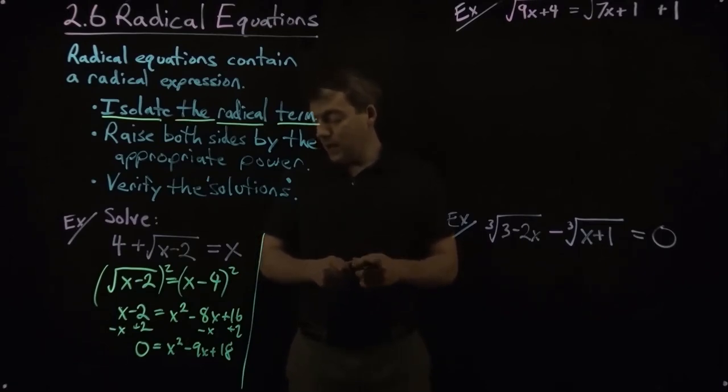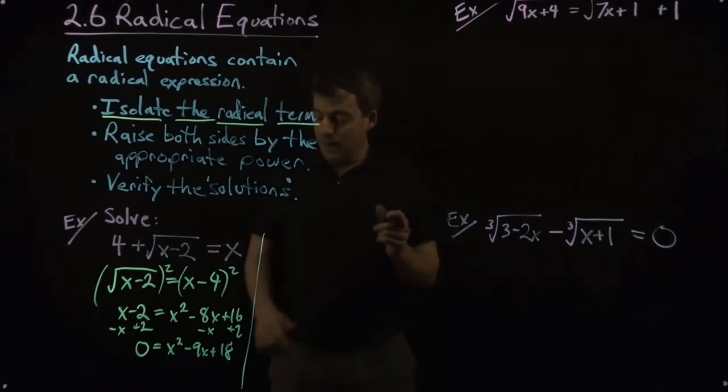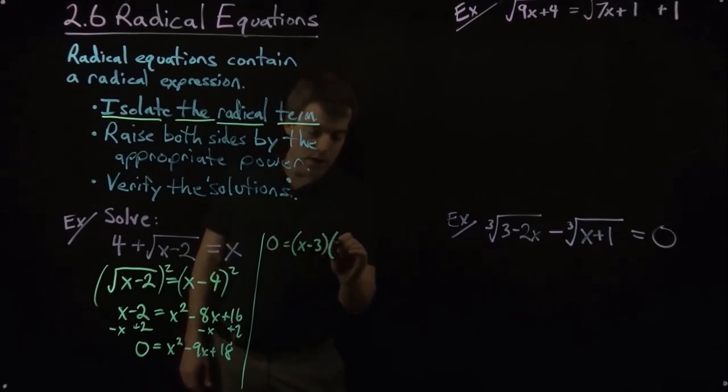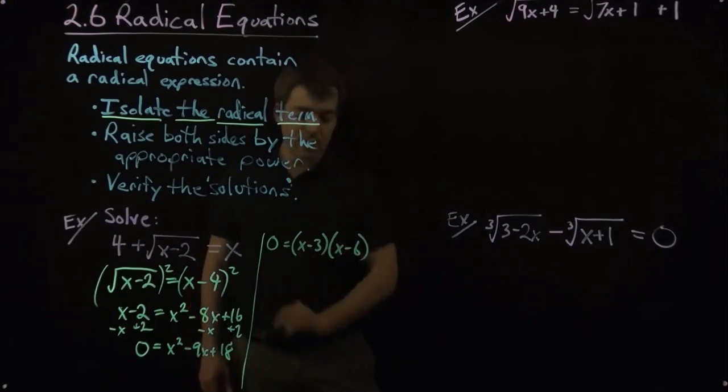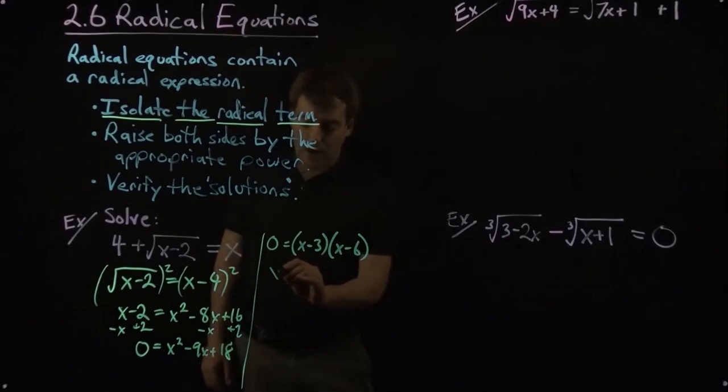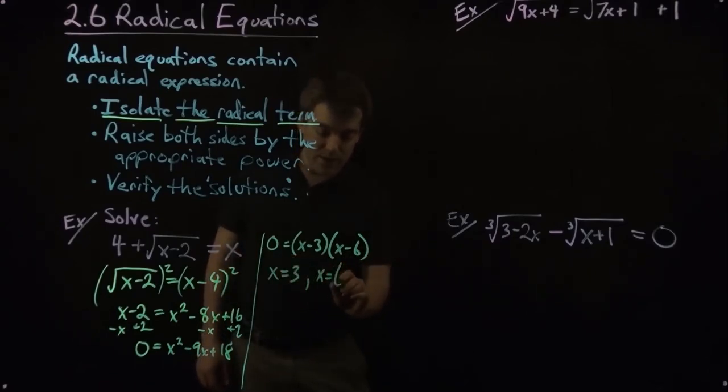So we have negative 2 and negative 9, or negative 3 and negative 6. So 0 equals x minus 3, x minus 6. This leaves solutions x equals 3 and x equals 6.